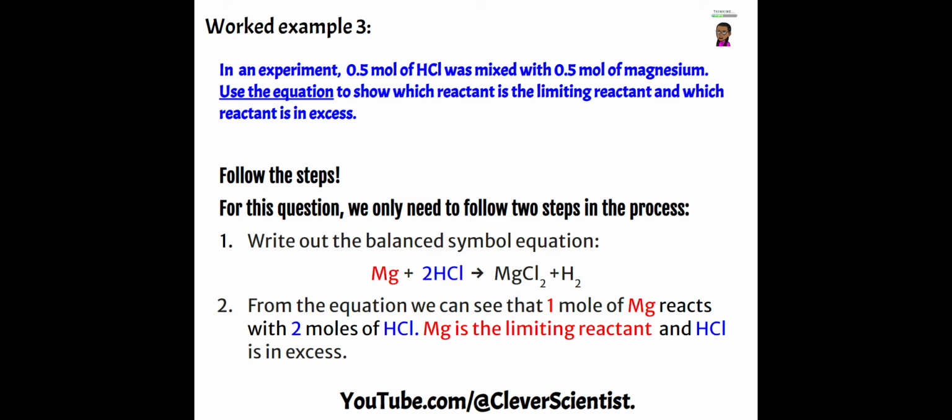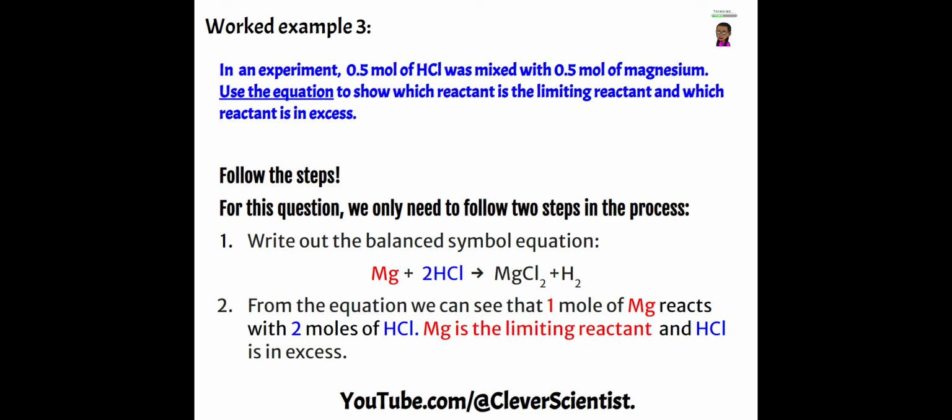Only 2 steps. So we've got our balanced symbol equation, and looking at it, we can see that 1 mole of magnesium reacts with 2 moles of hydrochloric acid. Magnesium is the limiting reactant and hydrochloric acid is in excess.